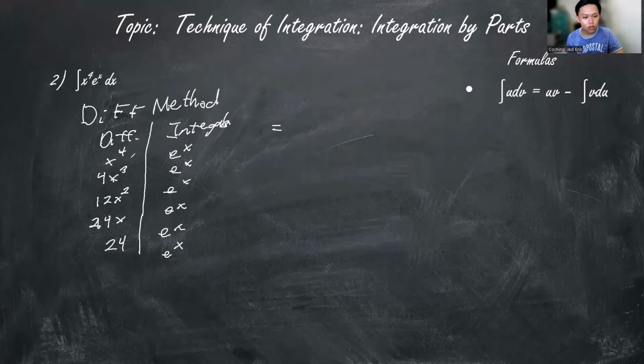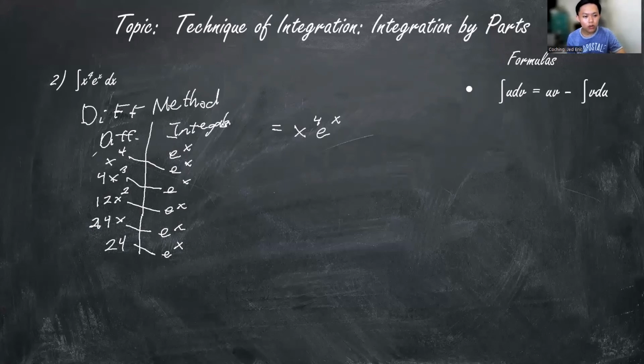Now, in order to write the answer, we first need to connect all of this. Always skip the upper rightmost. So it's going to be x raised to 4 e raised to x.